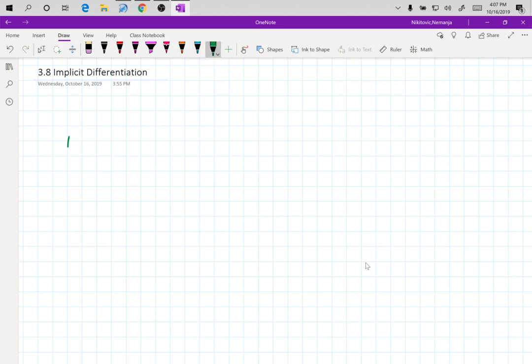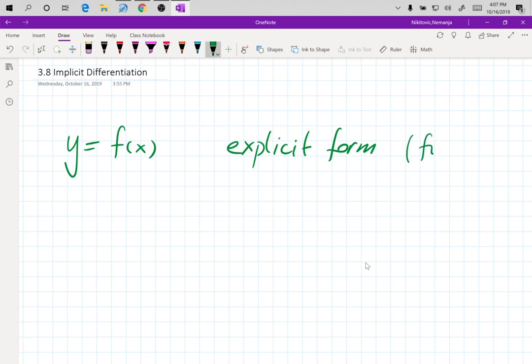So when you write y equals f of x, that will be explicit form. And you are able to separate x's from y's and have y equal everything else. So, that's your standard function, right?